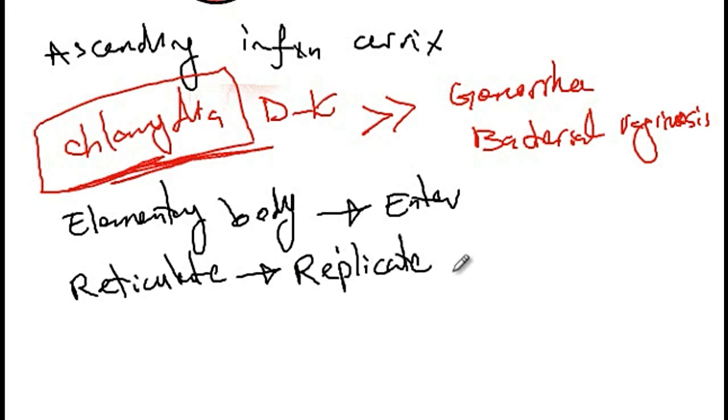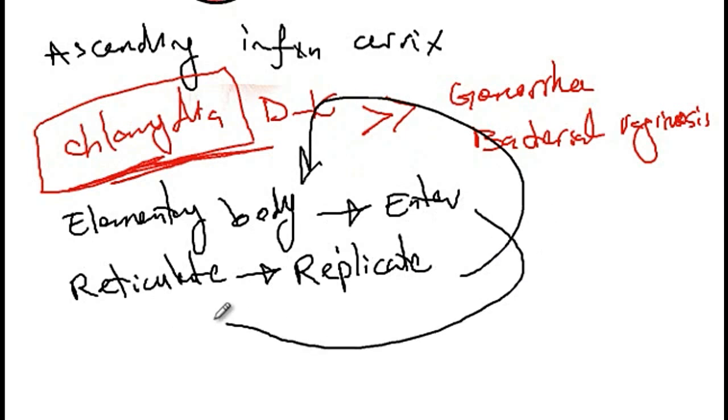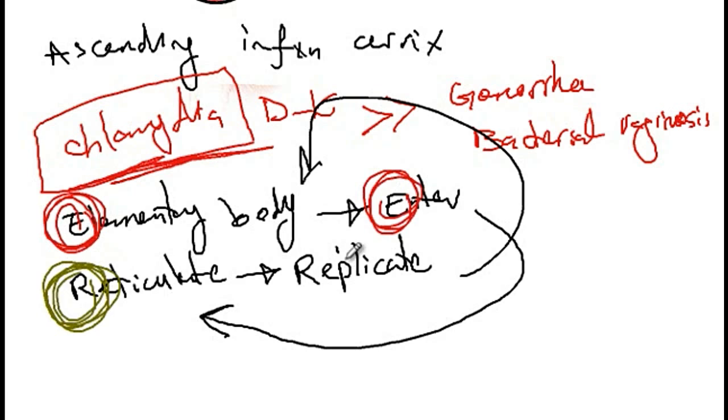And then they would be released as elementary bodies and then enter inside the cells, turn into reticulate bodies and replicate again. And so the cycle will continue. So the memory aid that I have for you is that elementary bodies will help enter the cells, while the reticulate bodies will help replicate inside the cells.